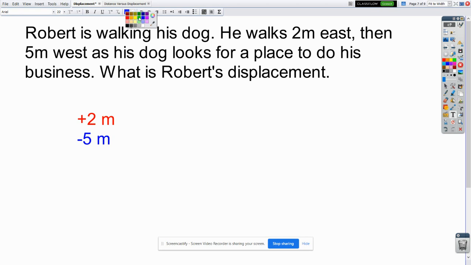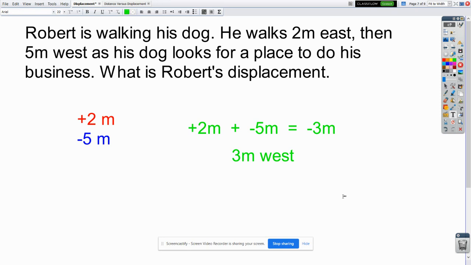And all I'll do is add those two components together with their signs to find my answer. Positive 2 plus negative 5 equals negative 3 meters. And the negative sign is just telling you that that is to the west. So 3 meters west, same answer we got last time, is the answer that we get this go round.